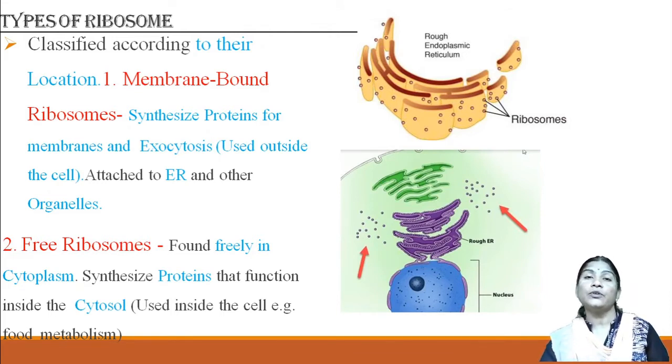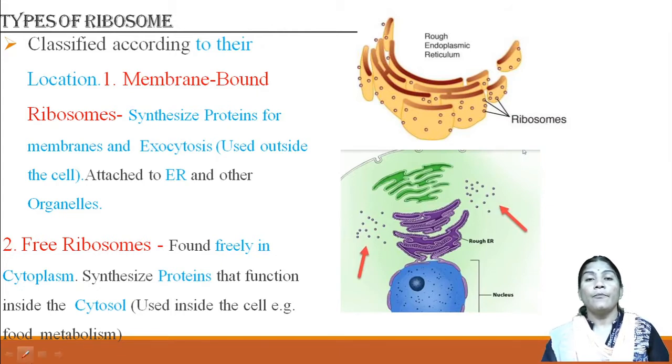For example, we know that in the cisternae, the flattened structure of the Golgi apparatus, there are also some ribosomes attached. And the second type is the free ribosomes. Means those ribosomes which are freely available in the cytoplasm, we call free ribosomes.